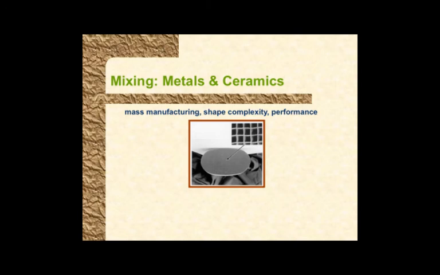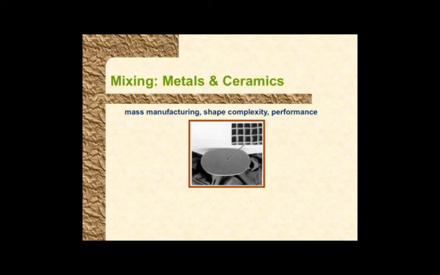This is a catalytic converter, the substrate that is used in cars near the exhaust. It is a ceramic that is extruded. Typically, the cell size over here is somewhere between 50 and 100 microns, depending upon the complexity.